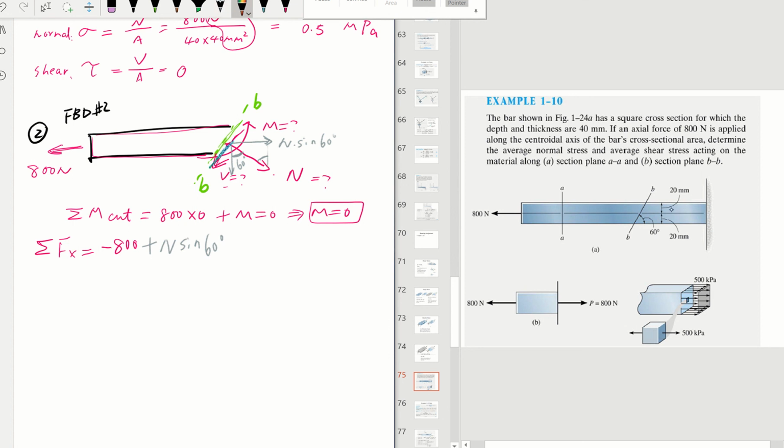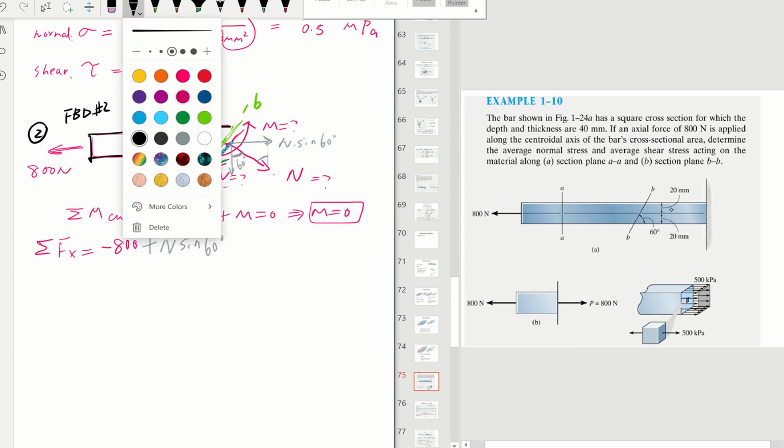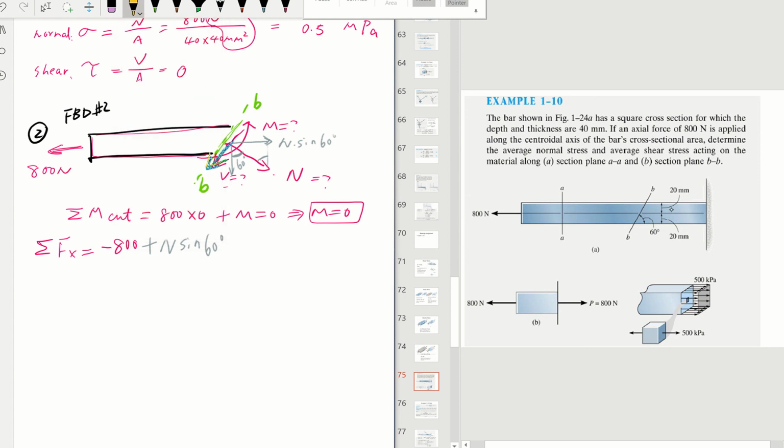How about our shear? Shear is this direction. That's our V. Does this V have an x direction and y direction as well? Yeah, it does. So we're going to decompose this shear into x direction and y direction.